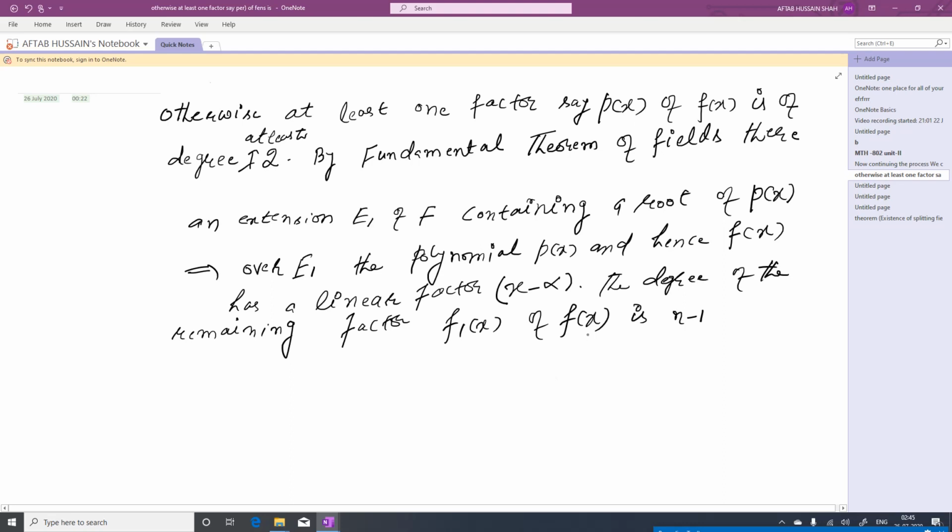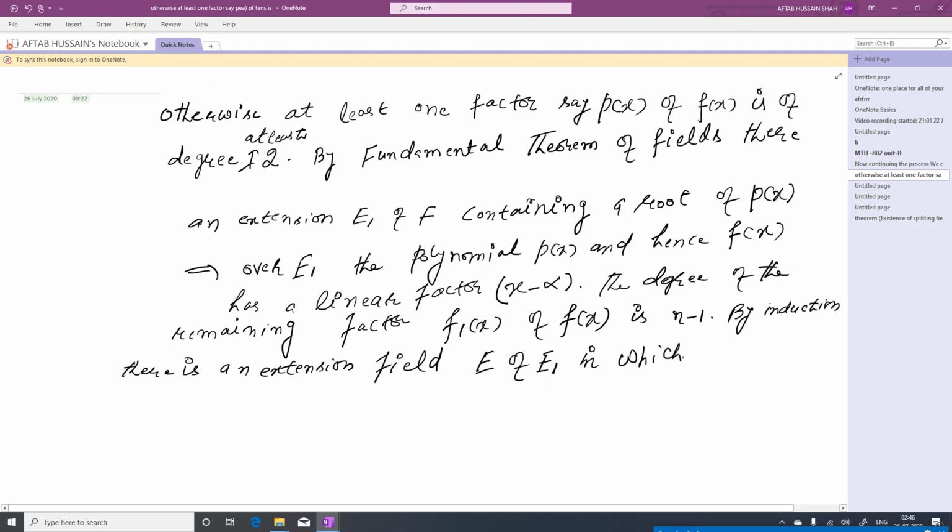So by induction there is an extension field, say E of E1, in which this polynomial f1(x) factors completely into linear factors, or f1(x) has all the roots.